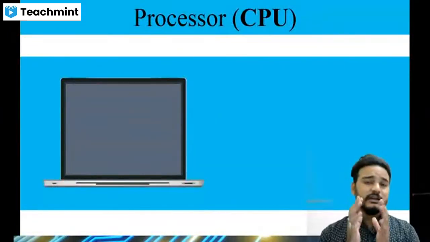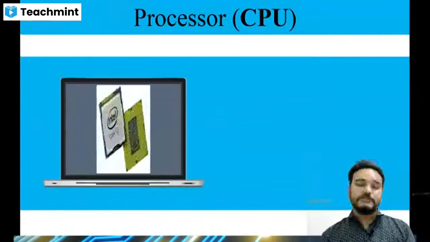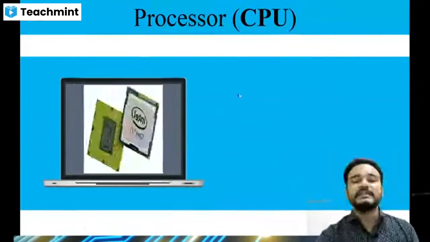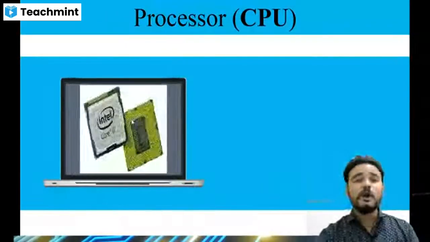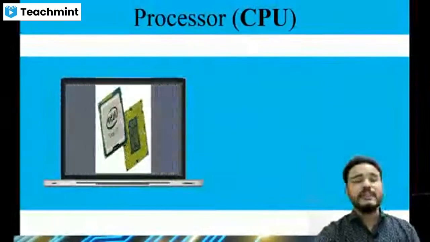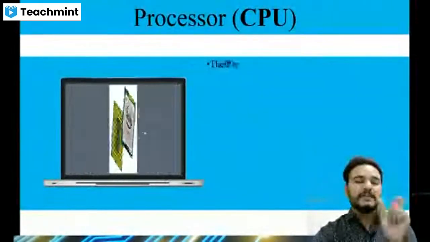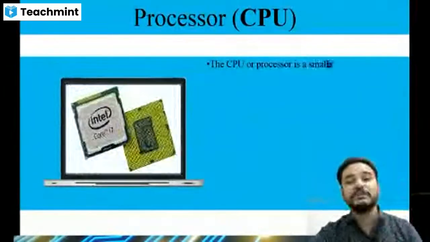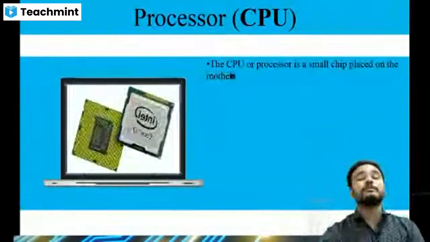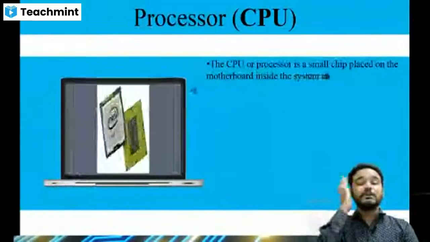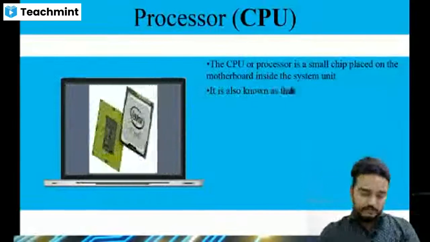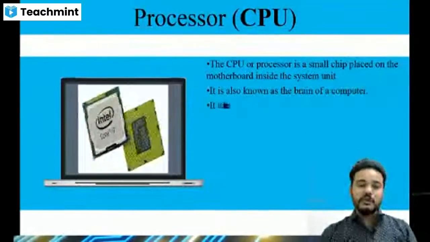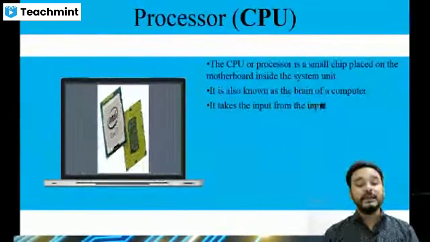So first we will learn about CPU's processor. This chip you can see here, this is a small chip on which Intel i7 is written, which is a plastic chip mounted on the motherboard, which is called the processor, or it is also called the brain of a computer.